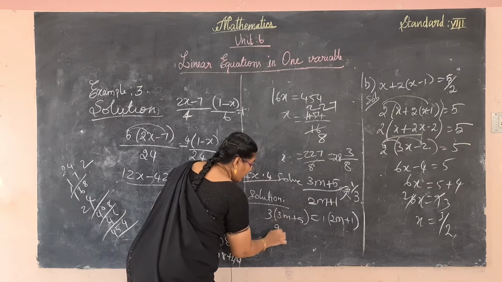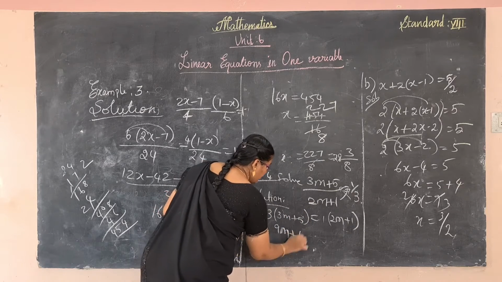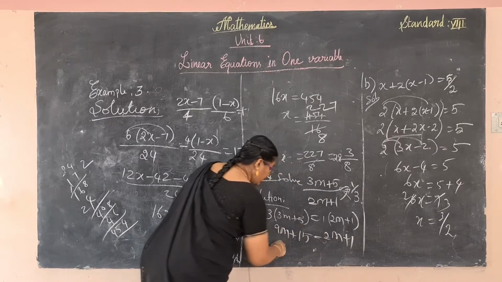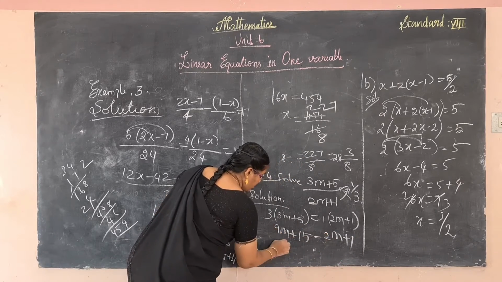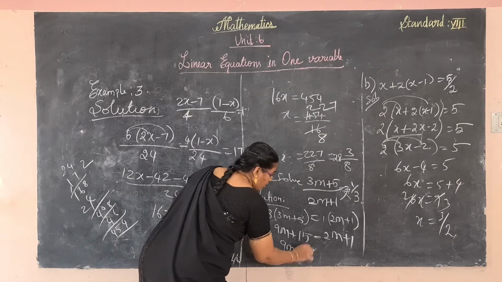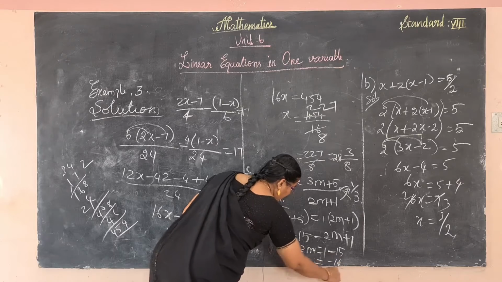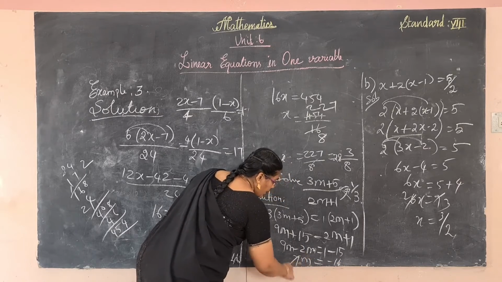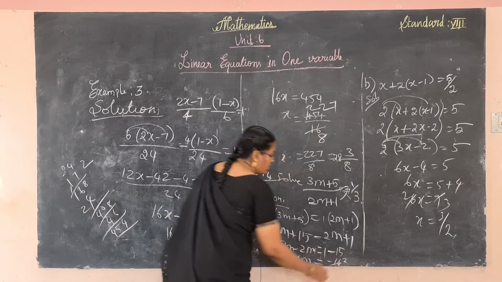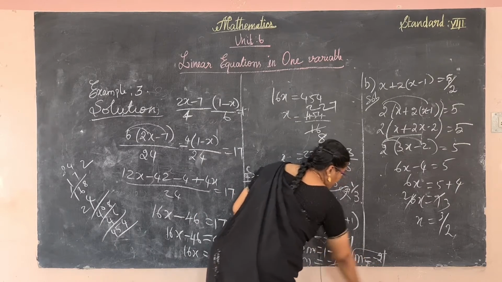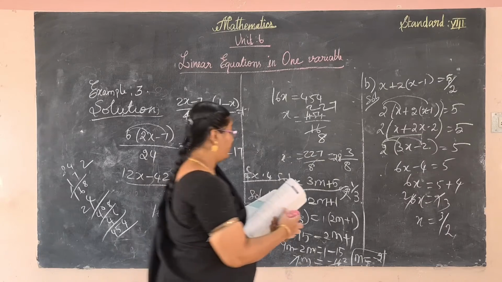So 3 3s are 9m, 3 5s are 15, equals 2m plus 1. Arrange the like terms. Okay. So 9m minus 2m is equal to 1 minus 15. So minus 14. Here 7m. Cancel 2. So m is equal to minus 2, that is the answer.